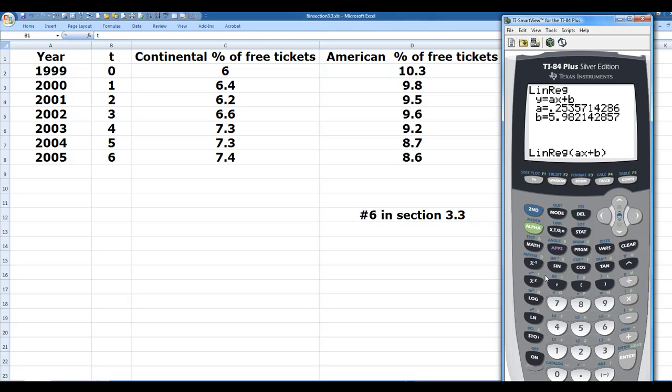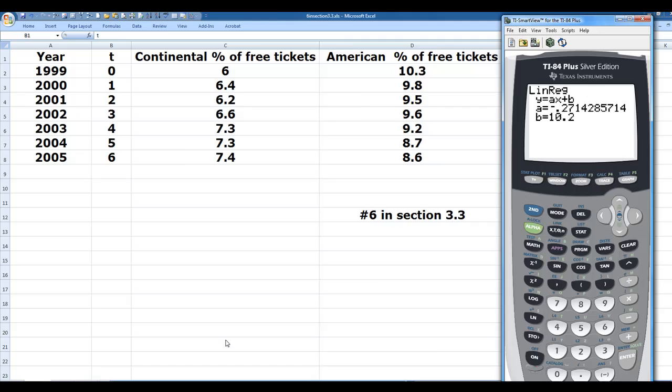But now we are working with L1 and L3, so we have to tell it. Right here you can see this is L1 and this is L3. So let me tell it this time that my first one is L1 and my second one is L3. Then press enter, and there is our second equation. So we have both the equations now.